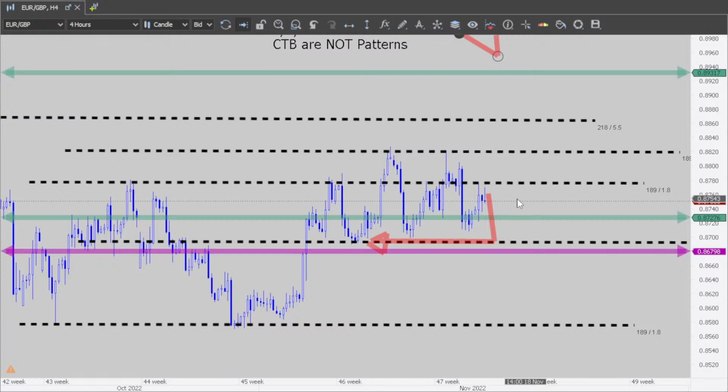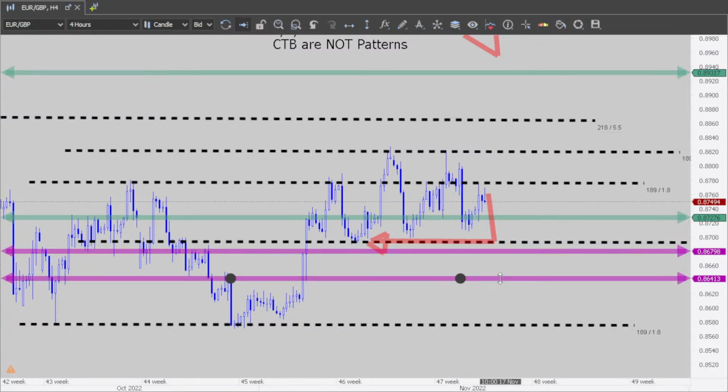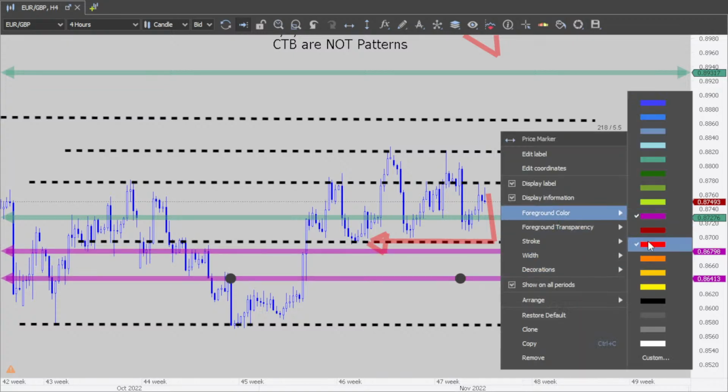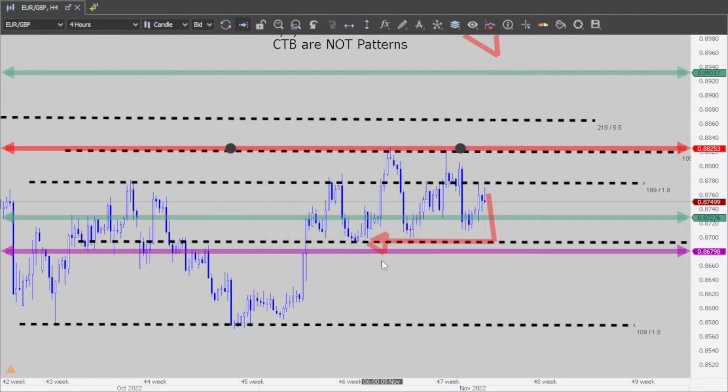Julius, stop 0.8825. So everybody give me a second. Let me clone and color it red and coordinate 0.8823. So stop loss, it's above the consolidation.